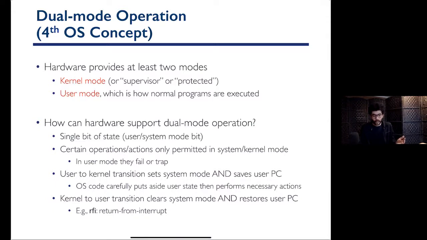So if you only have one mode, you probably want to run your kernel at the beginning. Then the kernel can basically, like an interpreter, run the user code. For instance, any interpreter, your Python or any other interpreter, loads the software, looks at the instruction to be executed, and executes it.